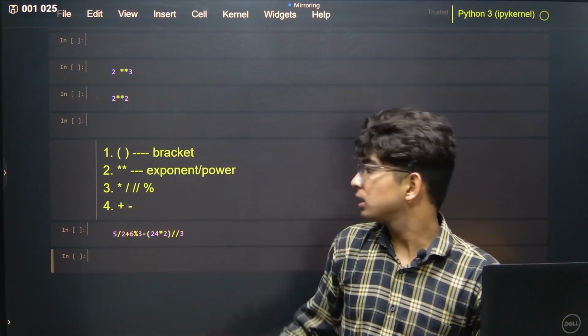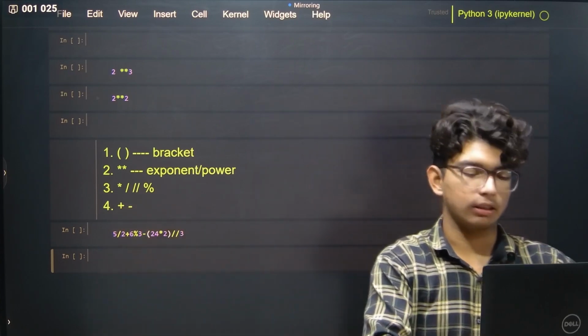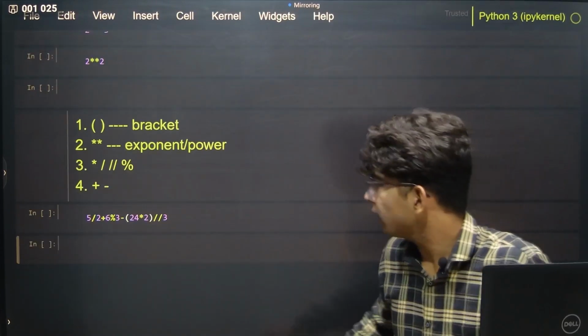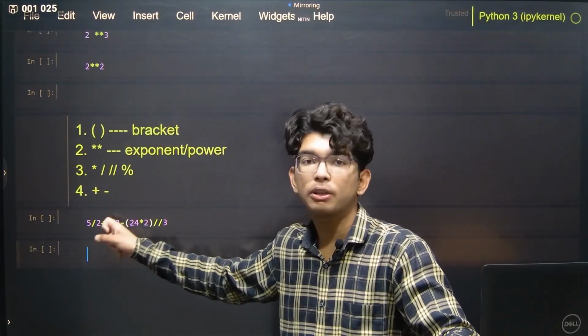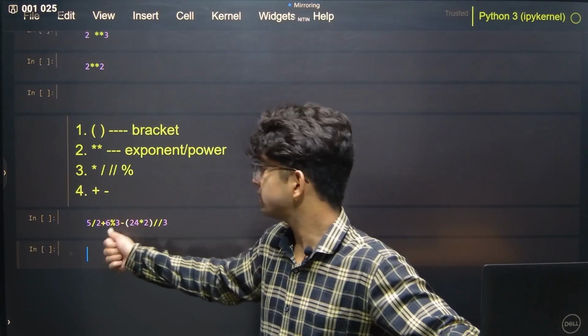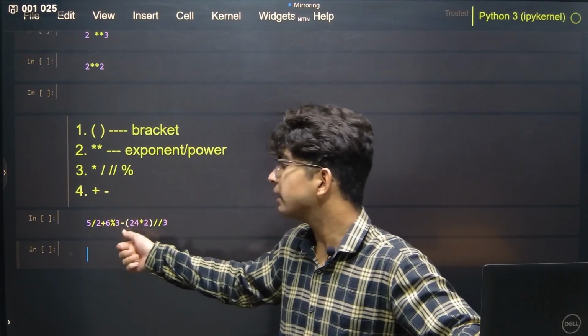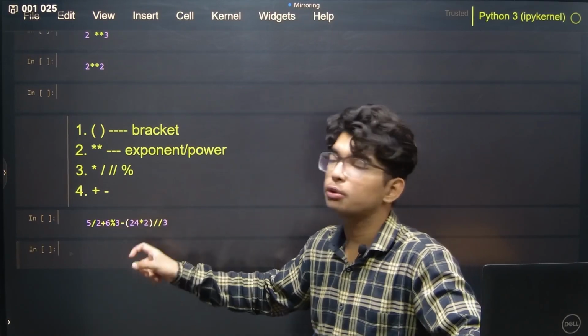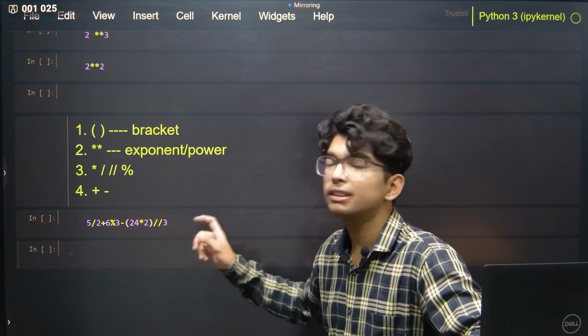So keep this in mind while doing this. Here, 5 divided by 2, then plus 6 modulus 3 minus bracket 24 into 2 floor division 3.